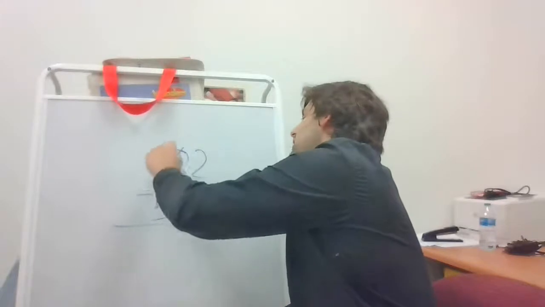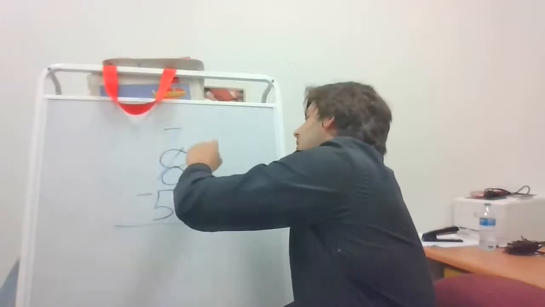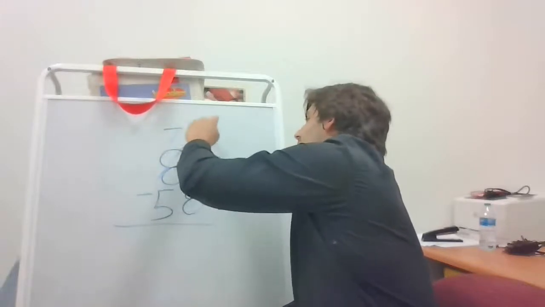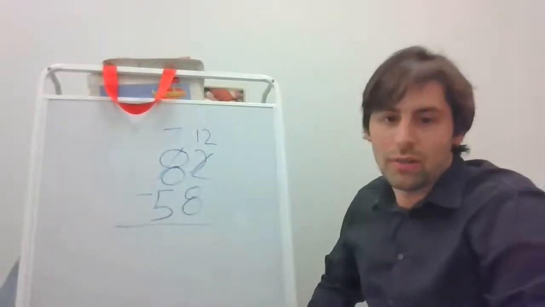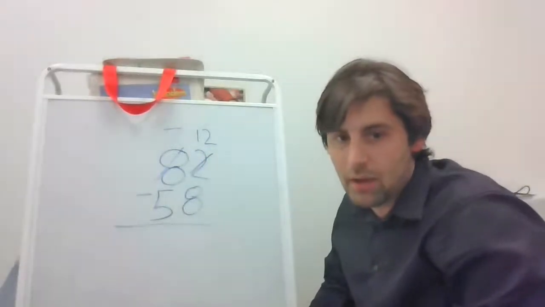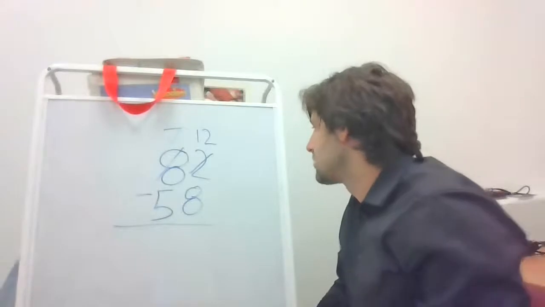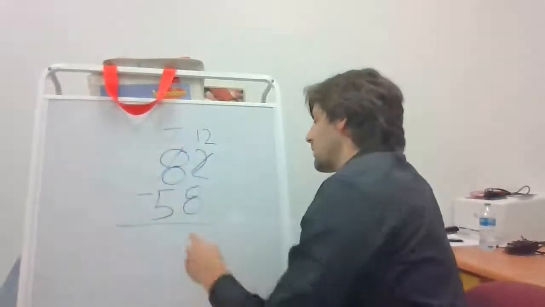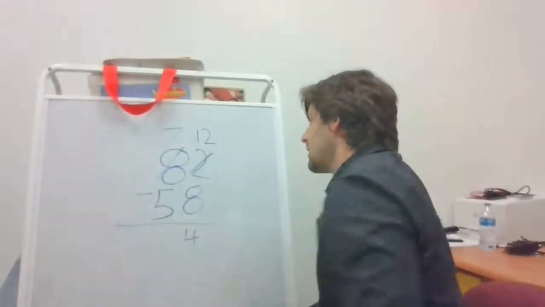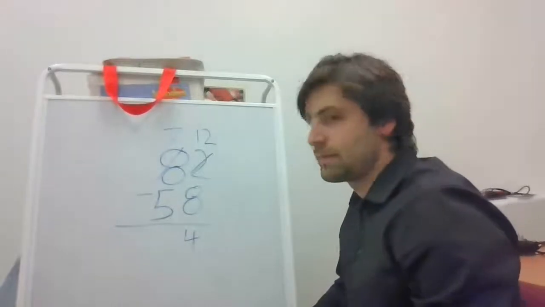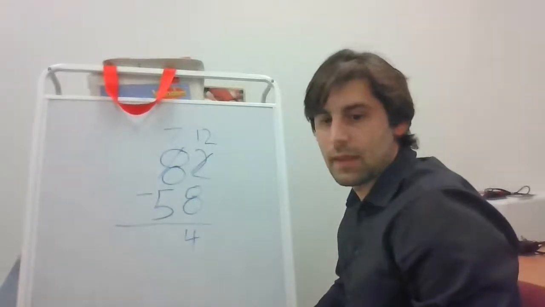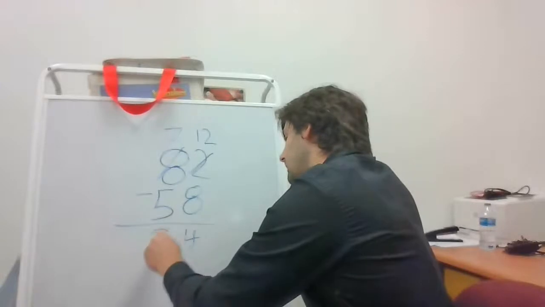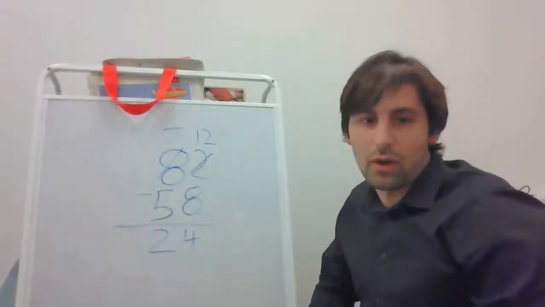So the 8 in the tens place is going to become a 7. The 2 in the ones place is going to become a 12. Now that all the numbers on the top are bigger, we can now subtract. So 12 minus 8 equals 4. 7 minus 5 equals 2. And our answer is 24.